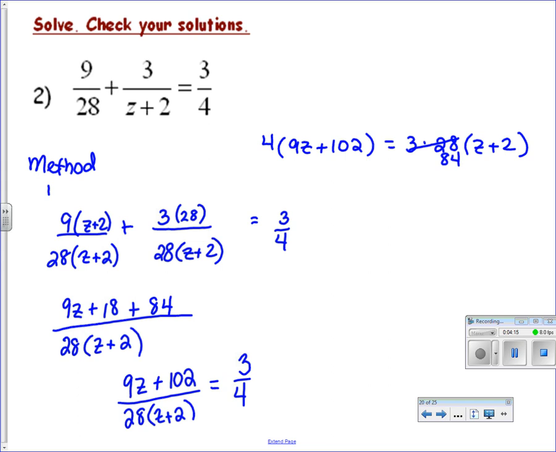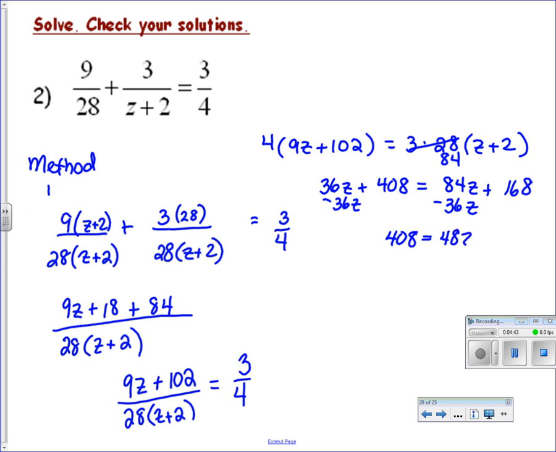Then just distribute: we have 36z plus 408 equals 84z plus 84 times 2, which is 168. Then subtract the 36z from both sides, and that becomes 48z, and I keep the 168. Subtract the 168 from both sides.